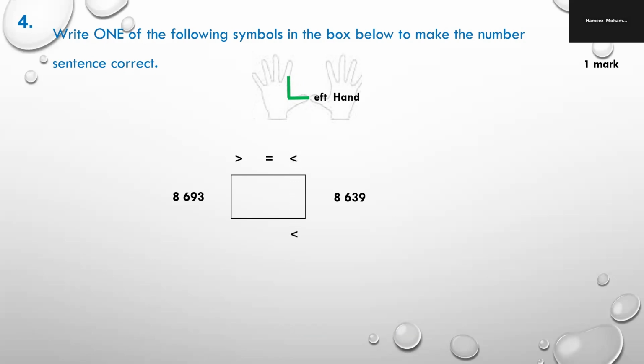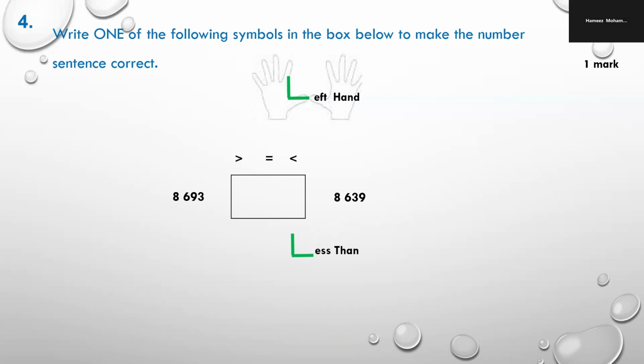And similarly, if it's our left hand, let's extract it and make it larger again. Then the left hand indicates less than. So our symbols are either greater than, equal to, or less than. So which of the 3 is it?